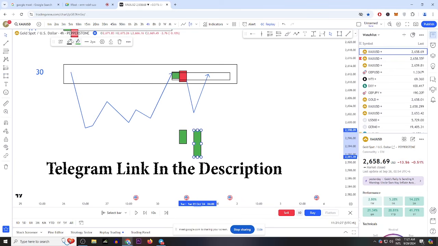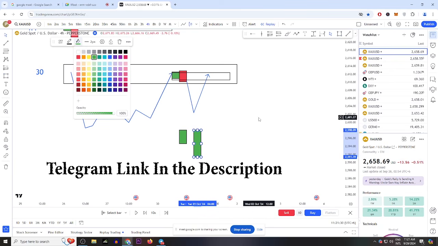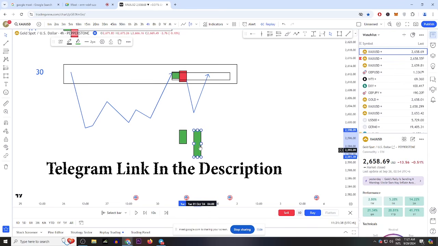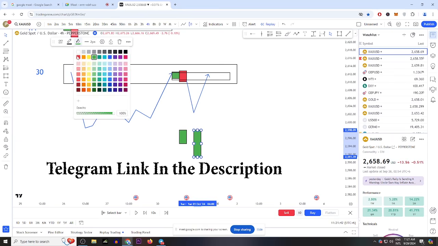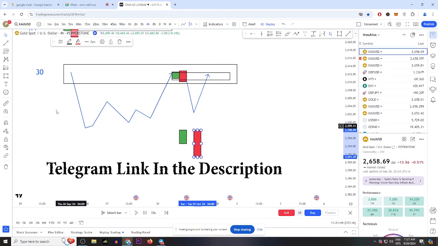That will be based only on engulfing and a few other setups we use. This gives you extra confirmation. Then you can immediately take a trade on this particular engulfing, in either the 15-minute or the 5-minute.